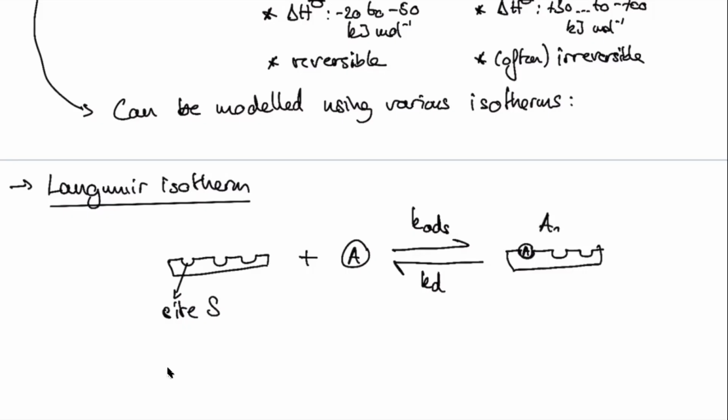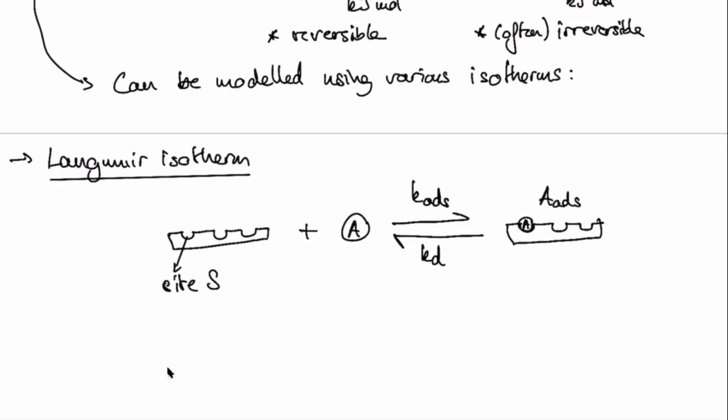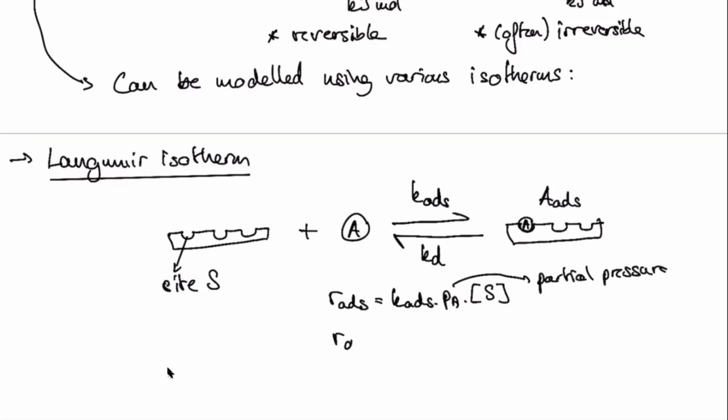So this species I will call A ads. Okay, so let's look at the rates. R adsorption would be K adsorption times the partial pressure of A times the number of sites S. So A is the partial pressure, and the rate of desorption would be Kd times the number of adsorbed A species.